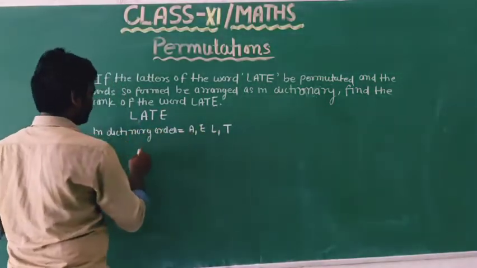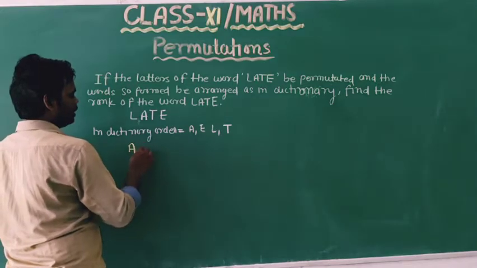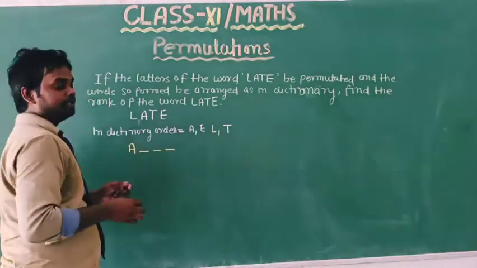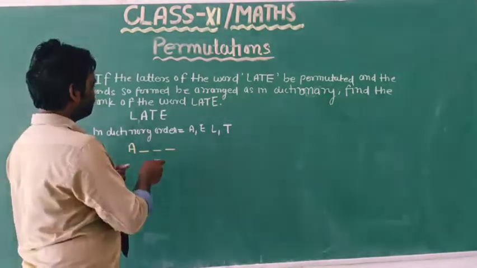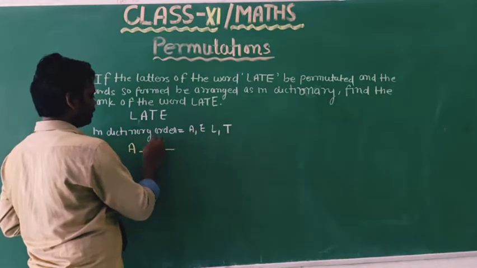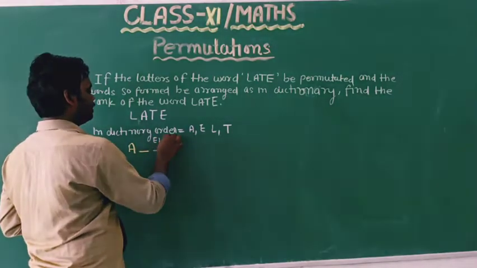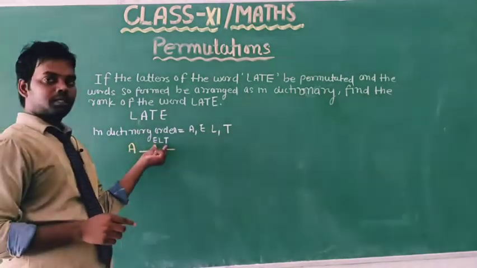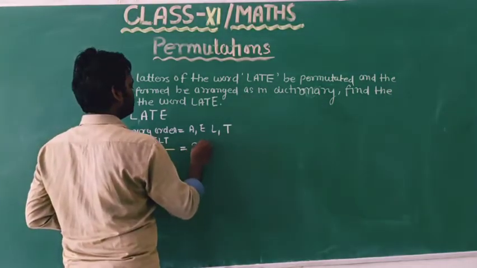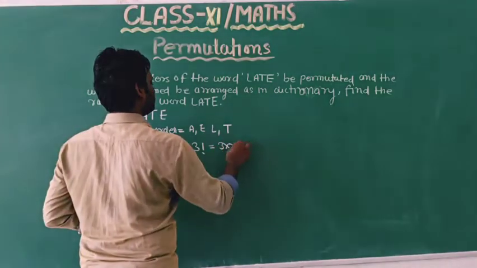So in the dictionary first comes A. First let us consider the letter A. Then three remaining letters are left: E, L, T. These three letters can be arranged in three places in factorial 3 ways, which is 3 times 2 times 1, equal to 6.